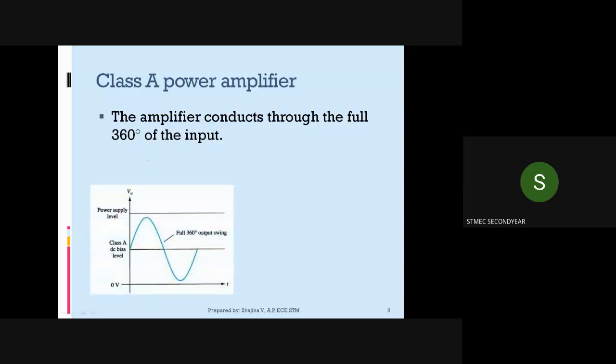That is, if you are applying an input signal like this, for the full cycle of input signal, that is, we can say pi to pi, or we can say 360 degree. Okay, that is the full cycle.